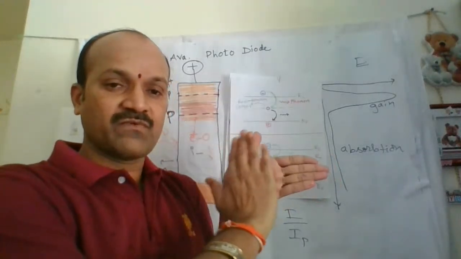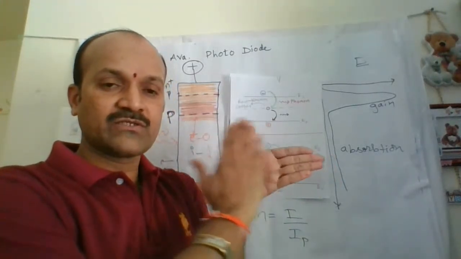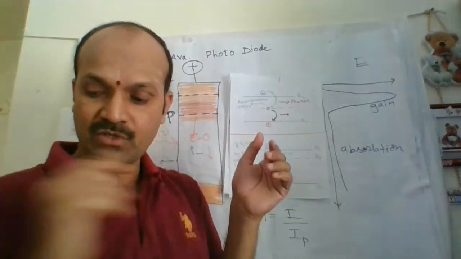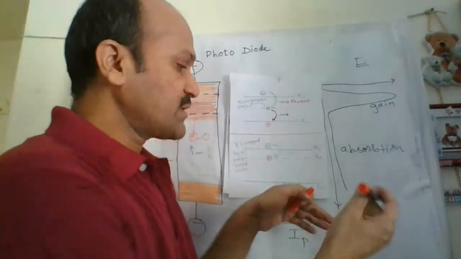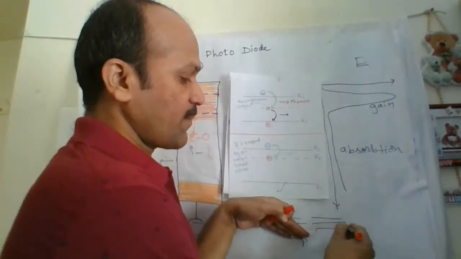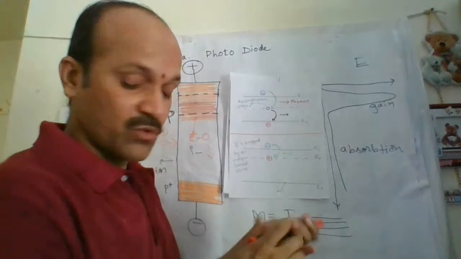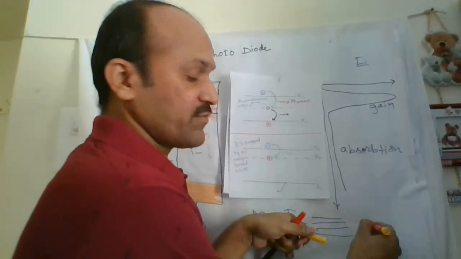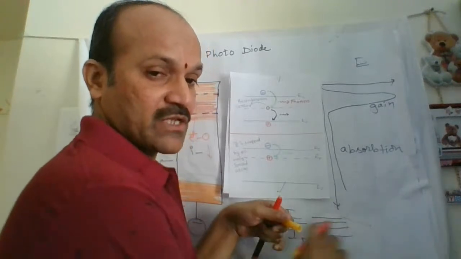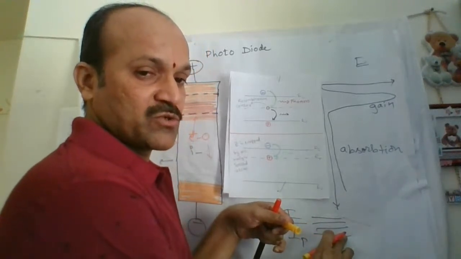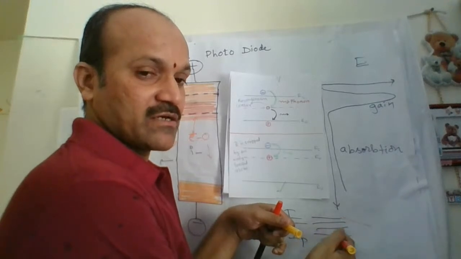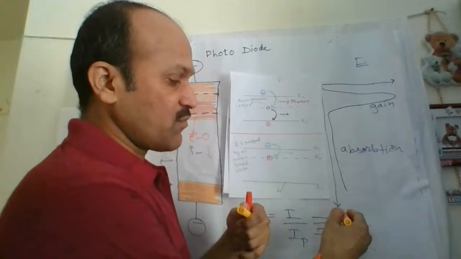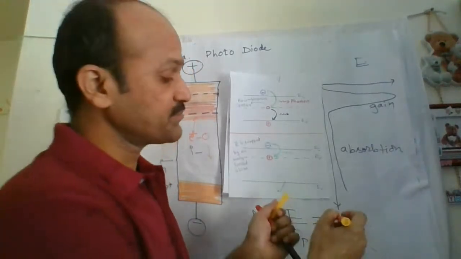Okay, so due to that, what happens? Boundaries take place. This is one region. The crystal is grown like this. All the planes are grown like this, and suddenly changed in the direction. Due to some reasons, they changed the direction of growth. So here, what is happening in this region?